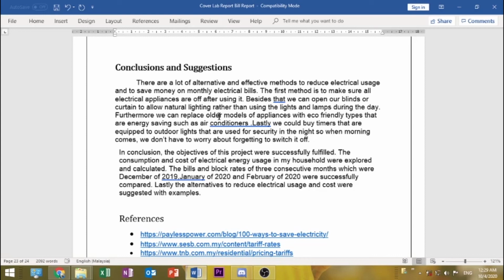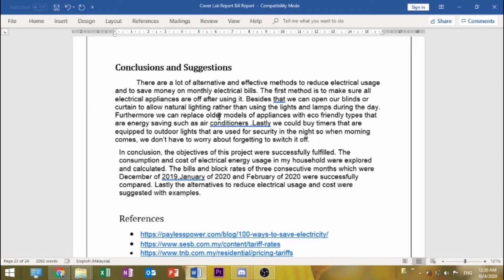It can increase the cost that you have to pay. Like for instance, an iron uses a lot of power to operate, and when you use it and you don't switch it off, you can actually cause an accident, and other than that, it actually uses a lot of electricity.